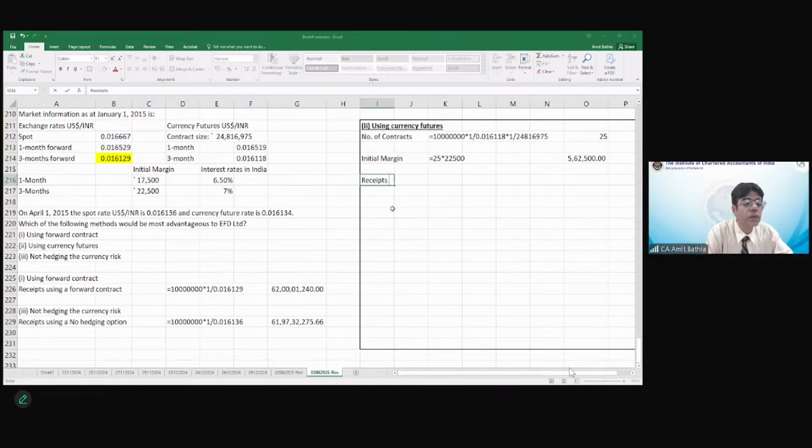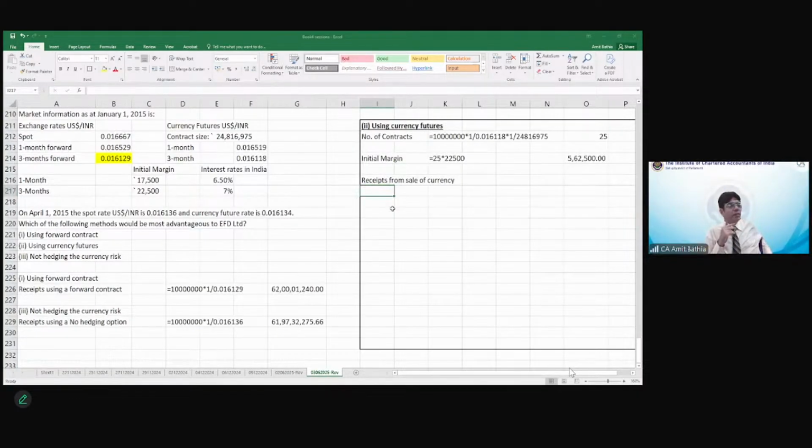Receipts from the future option, sale of currency, right? How much will that be? 1,708 is possible.